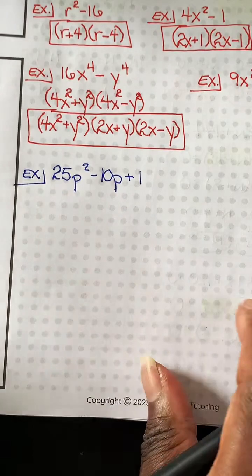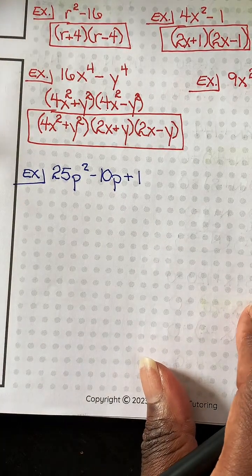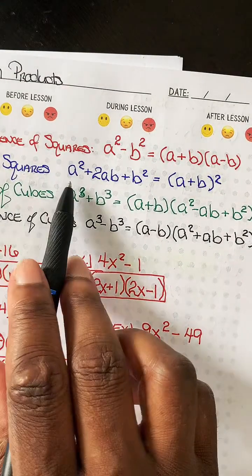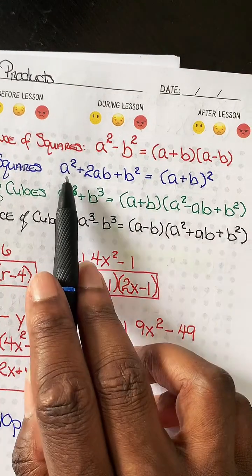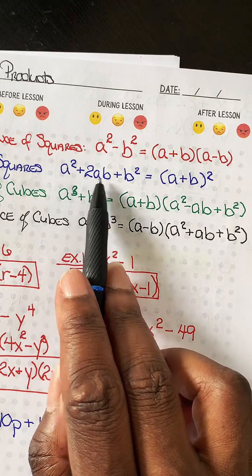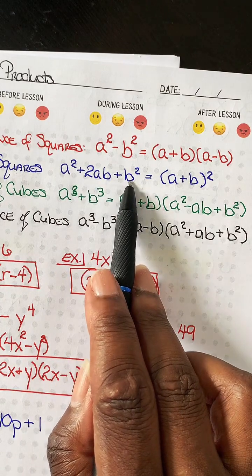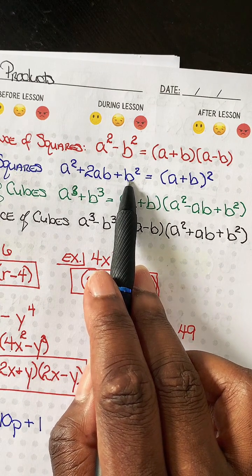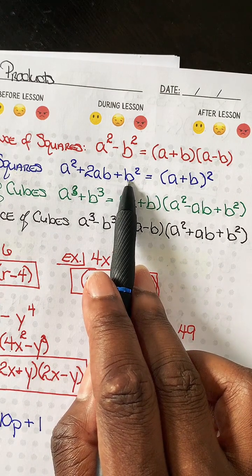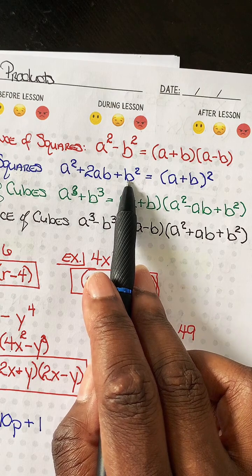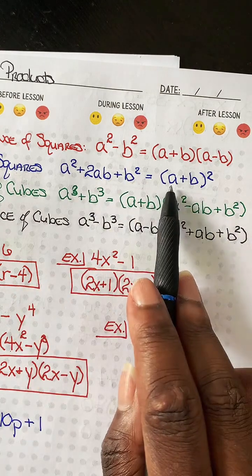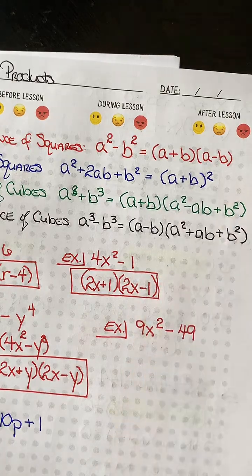Now, we're working on perfect squares. So if you notice the formula for perfect squares right here in the blue, we have a squared plus 2ab plus b squared. And we're going to have close to the same signage when it comes to perfect squares. So we have our a plus our b squared.